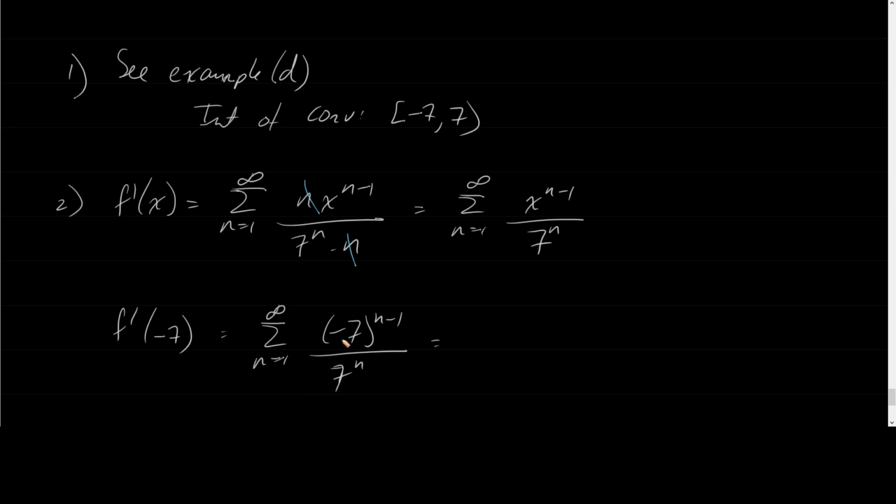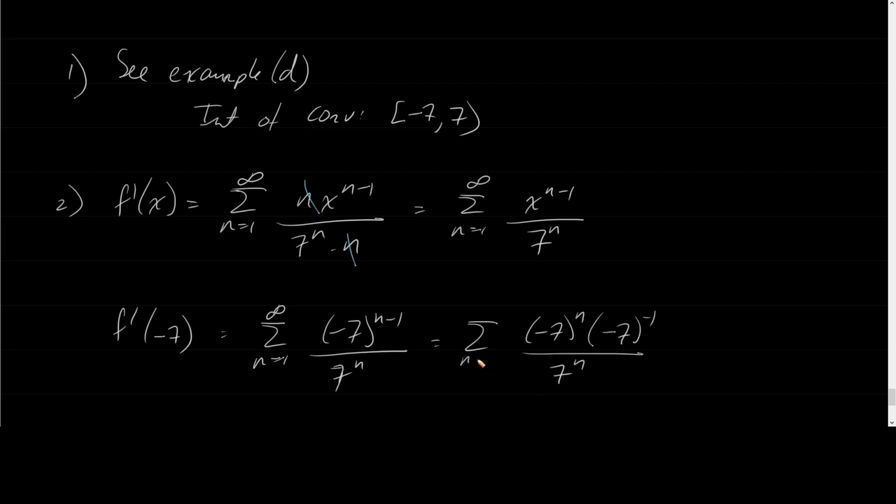Well, let's see. -7 to the n minus 1 really means -7 to the n times -7 to the -1. And we have this over 7 to the n.